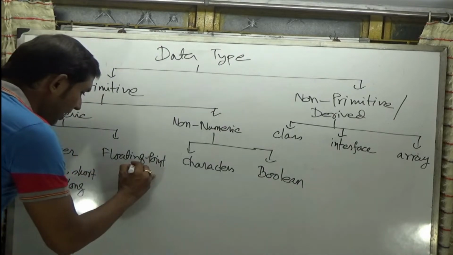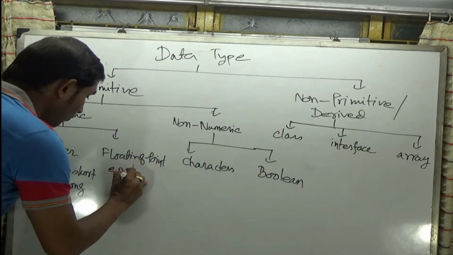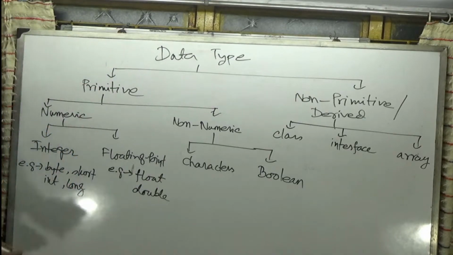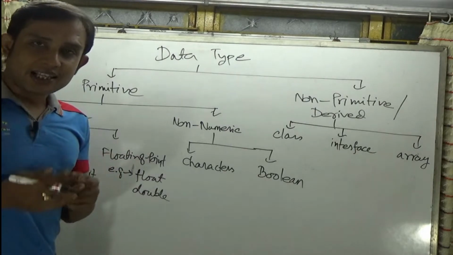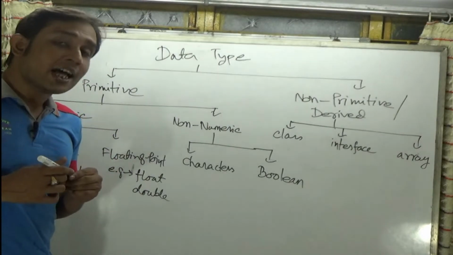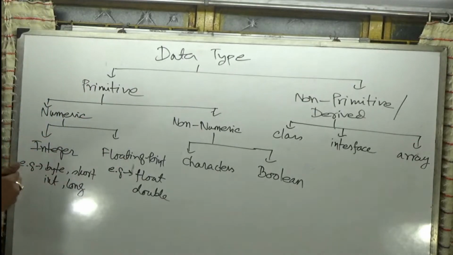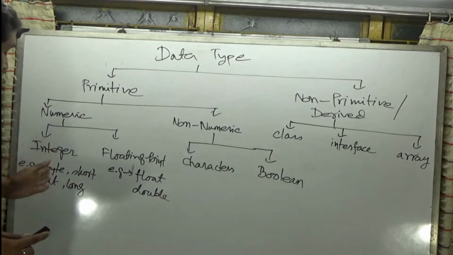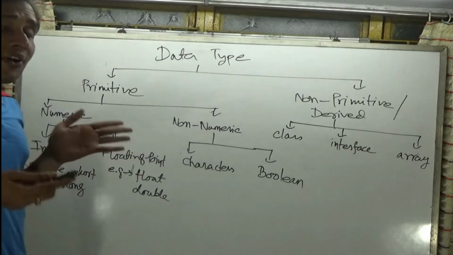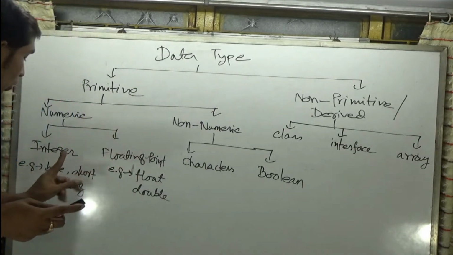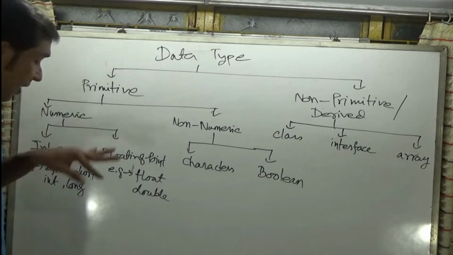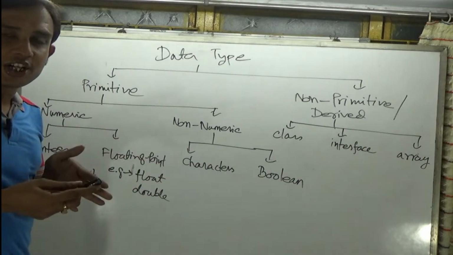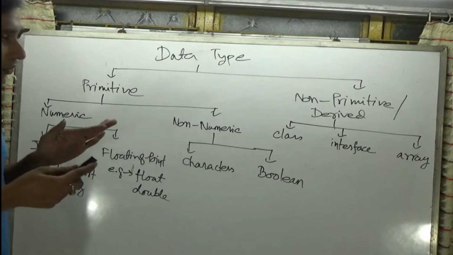Now in the floating point case, they are float and double. Both of these data types can store fractional as well as non-fractional values. That means if I am going to store 10, we just use an integer type data type, maybe int or maybe long. But if I am going to store 10.5, we cannot use this type of data type, because then the fractional portion of the value is truncated or omitted, and we can only get the integer value.